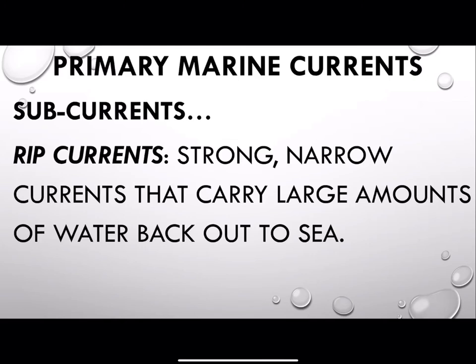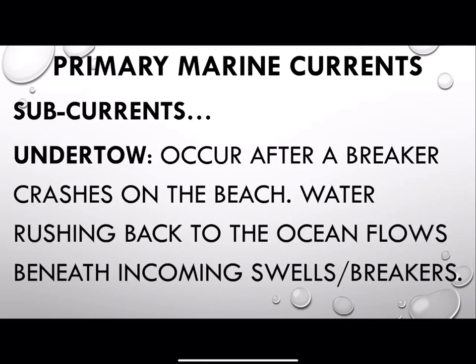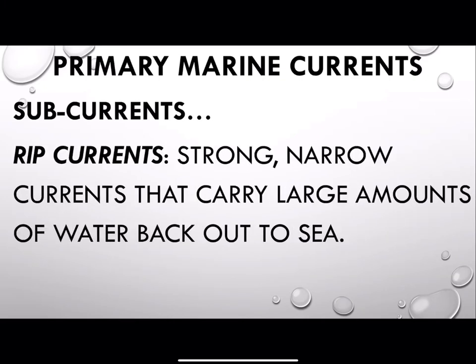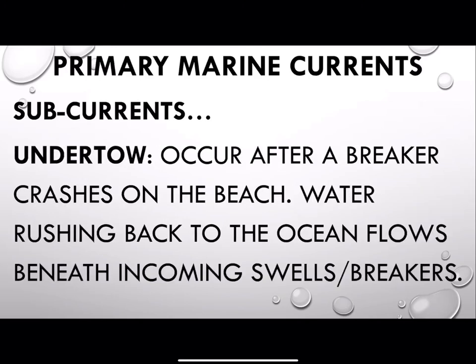All right, great. Let's continue. So we have subcurrents. One of them is the rip current. I'm sorry, I'm wrong there. Rip currents carry large amounts of water back out to sea. Undertow is what I was talking about. Yes, the undertow. This occurs after a breaker crashes on the beach, so that would be like a huge wave. Water rushing back to the ocean flows beneath incoming swells or breakers.